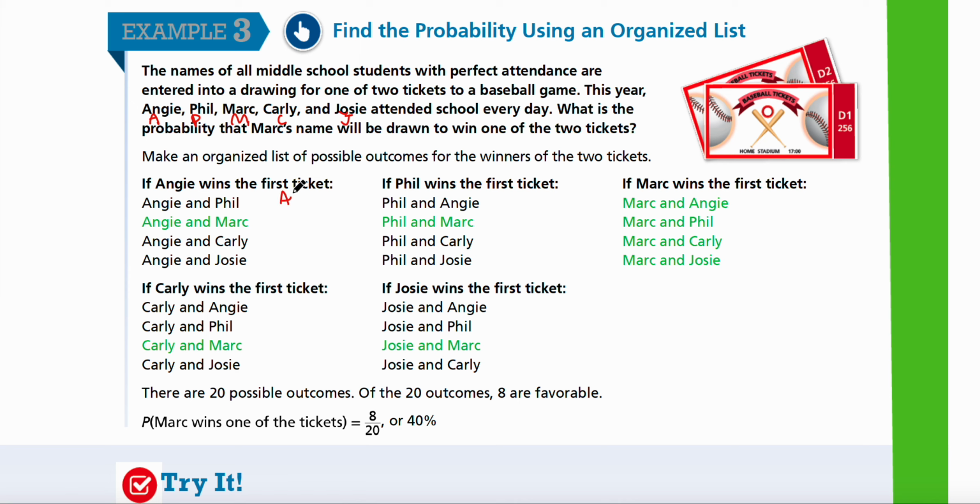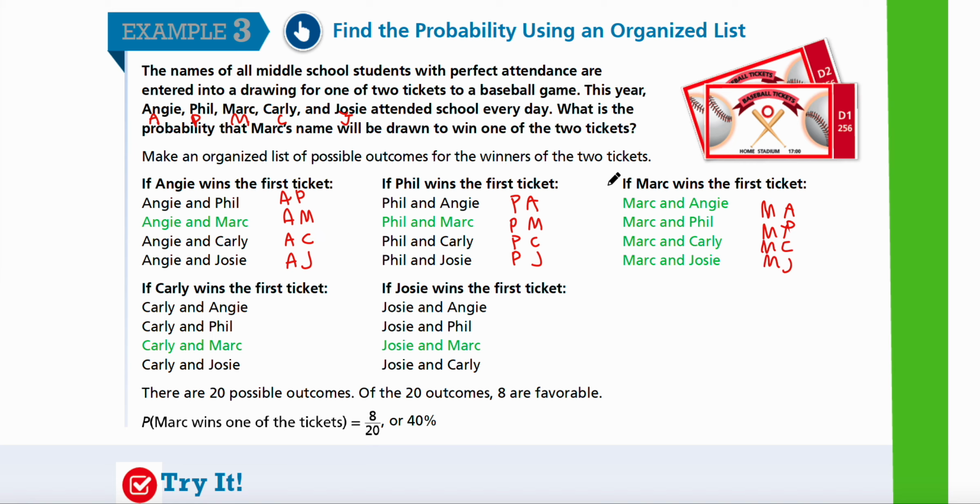So we have Angie and Phil, Angie and Mark, Angie and Carly, Angie and Josie, Phil and Angie, Phil and Mark, Phil and Carly, Phil and Josie, Mark and Angie, Mark and Phil, Mark and Carly, Mark and Josie.